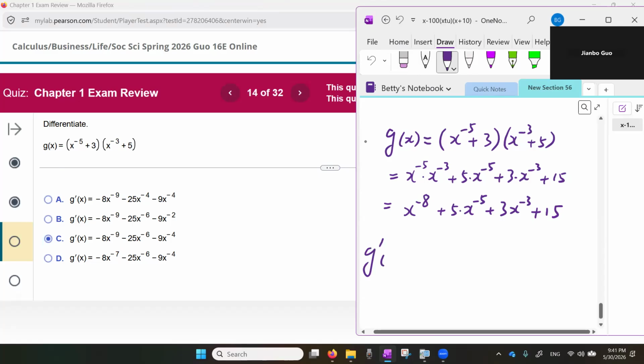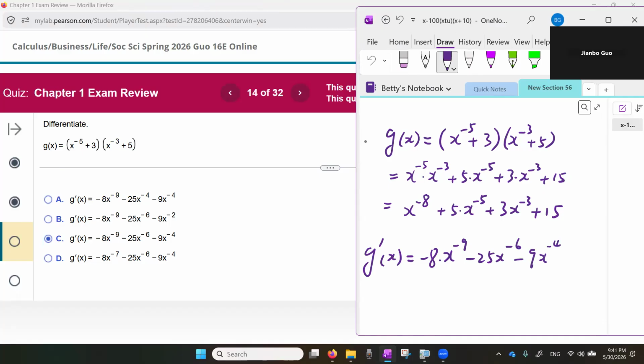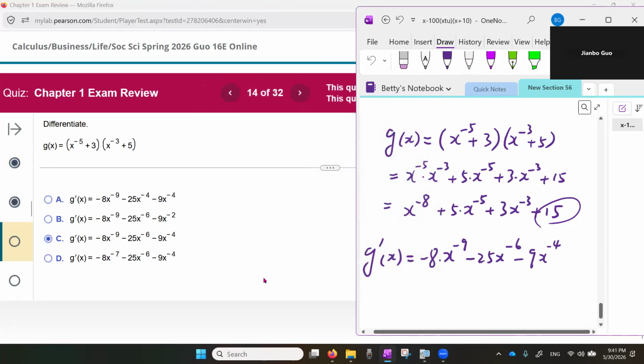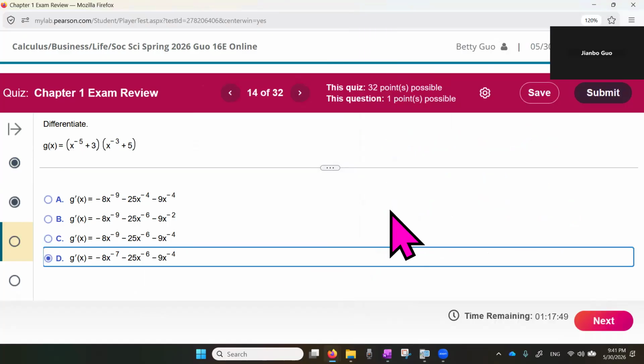This is a lot easier than the first problem. So we take the derivative, negative 8 x, negative 8 minus 1, negative 9. This one, 5 times 5, 25, negative 25 x, negative 5 minus 1, negative 6. Here, 3 times negative 3, negative 9 x, negative 3 minus 1, negative 4. 15 constant, derivative 0. It's the same as what we had earlier, obviously. Yeah, so that's good. We practice.